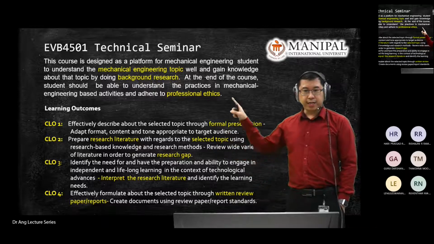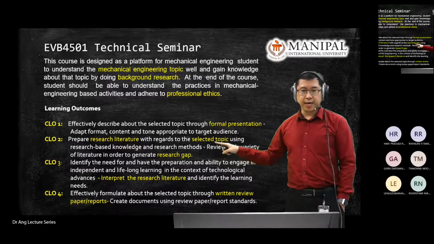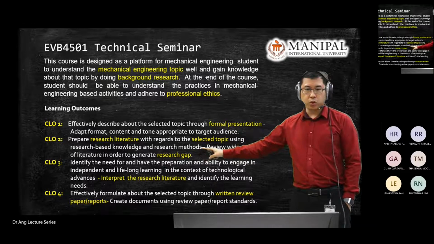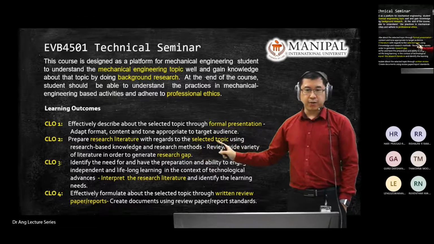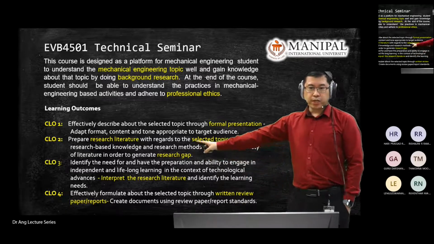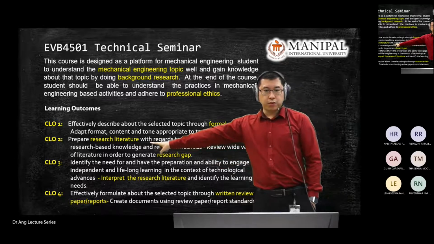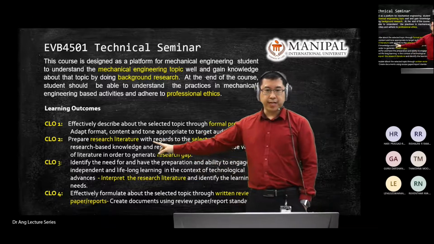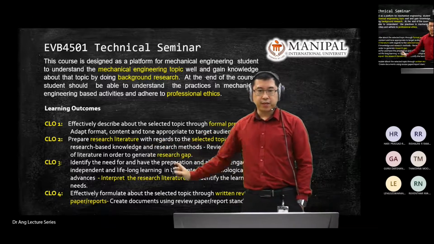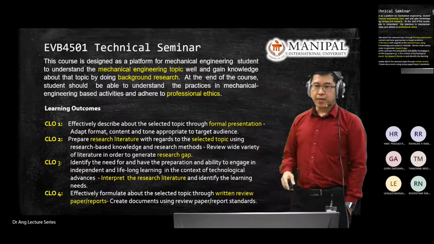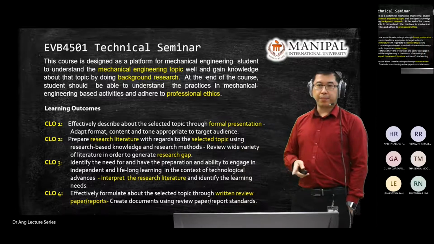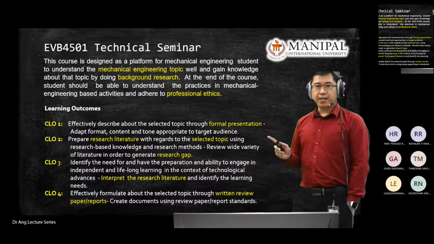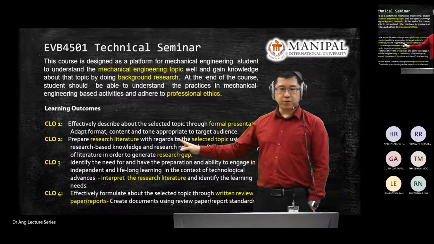The second thing that you learn from this technical seminar is learning outcome number 2, as I highlight in the yellow color there, which means that you need to know how to do a literature review. You need to know how to find material for the projects. I think most of you, already in your FYP2 stage, should be very strong in literature review.